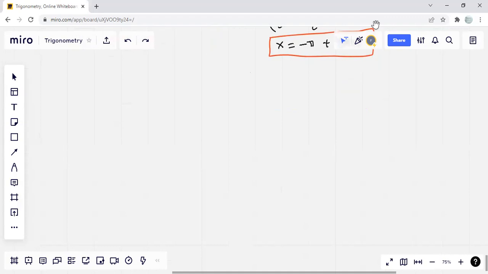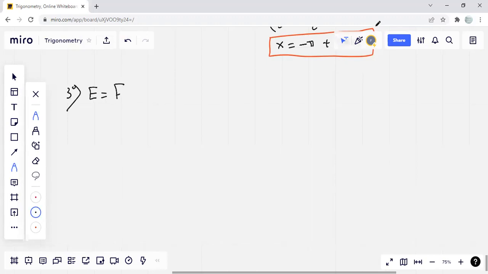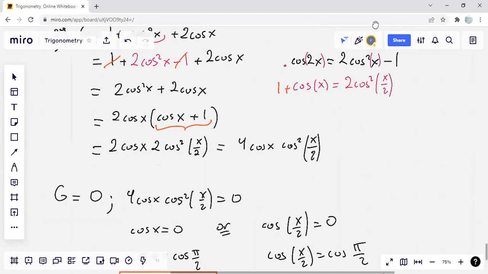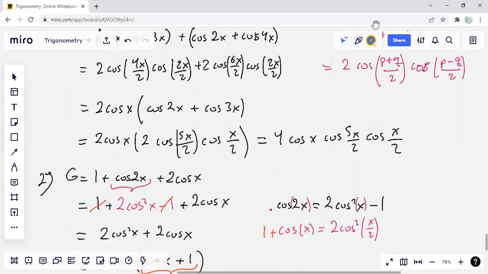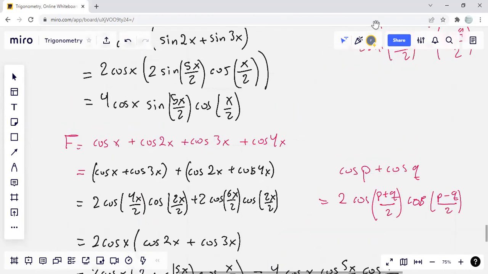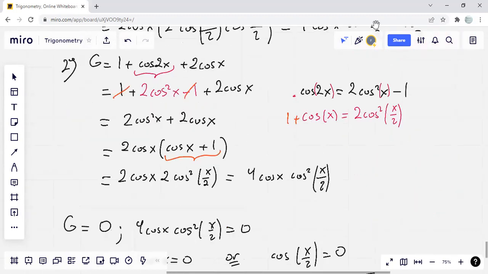So now we have to solve in part 3 E is equal to F. Now let's see what is E. This is E here first: 4 cosine x, sine, and then cosine. Let's copy that here.